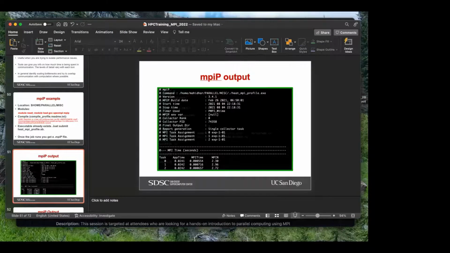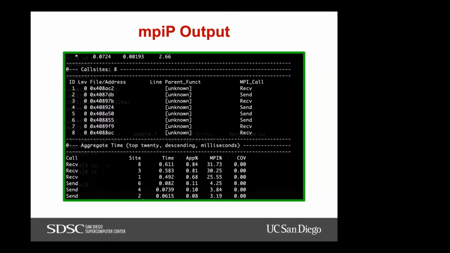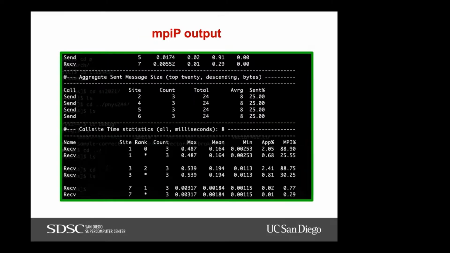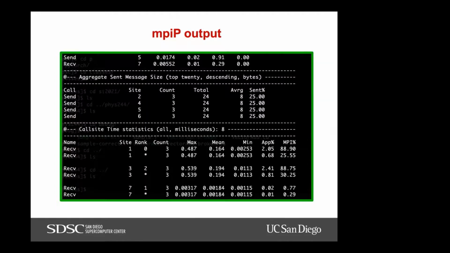Now, TAU can go a lot further and give you the complete trace of how the communication happened. And there are tools like Arm MAP, which also do similar things. One thing to keep in mind with these tools: the reason I showed you mpiP is because it is the most lightweight thing.